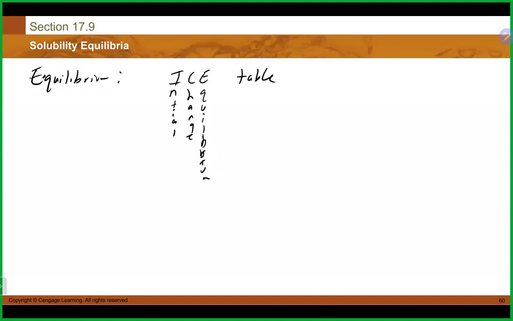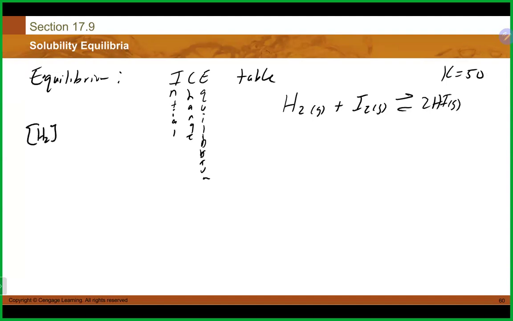So for example, we take that one we just looked at, H2 plus I2, going to 2HI, and it had a K value of 50, for example. Now let's say in this case we had an initial concentration of H2 of 2 molar.